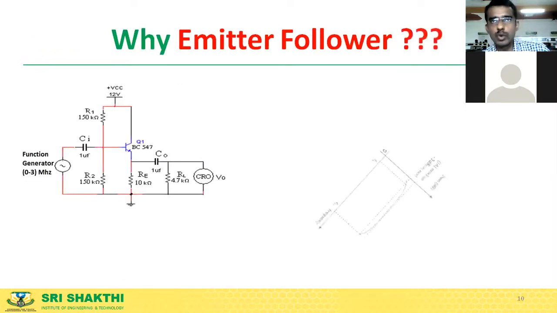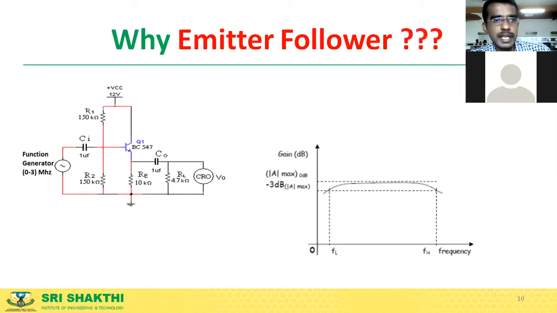Right. Now, let me finish up by saying why it is called an emitter follower. You can see that the output is taken across the emitter. And on the other hand, I said that the output voltage will be almost equal to the input voltage. In other words, the output voltage will follow whatever is given at the base.